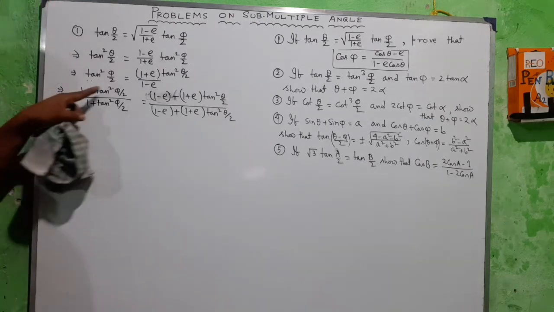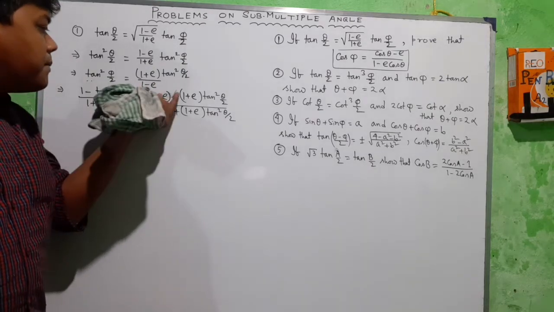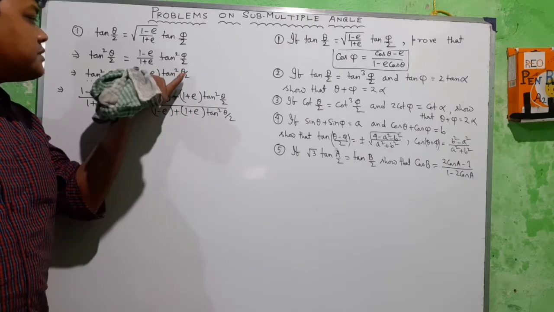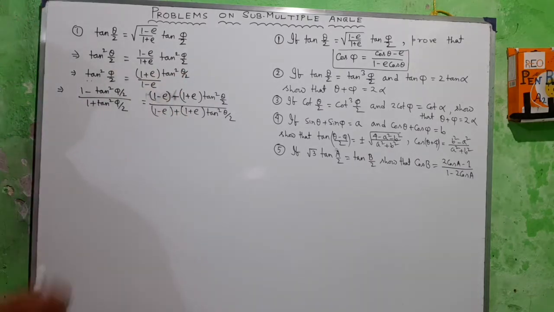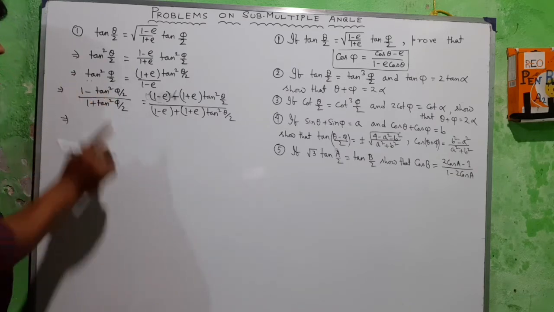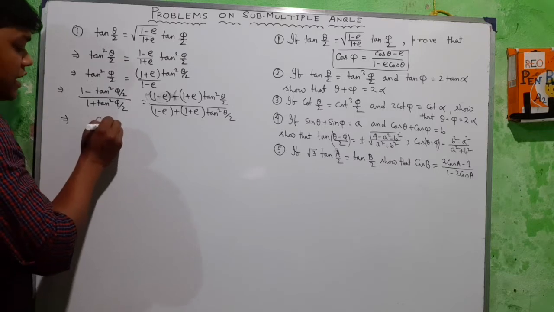Okay, so (1 minus tan square phi by 2) by (1 plus tan square phi by 2) equals (1 minus e) minus this expression, by (1 minus e) plus this expression. After some calculation, by using the formula of the submultiple angle, (1 minus tan square phi by 2) by (1 plus tan square phi by 2) gives cosine of phi.